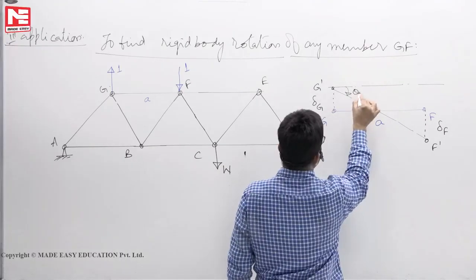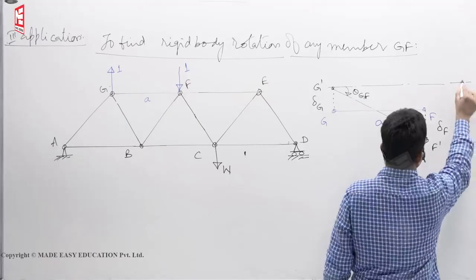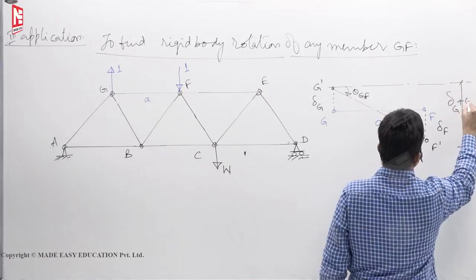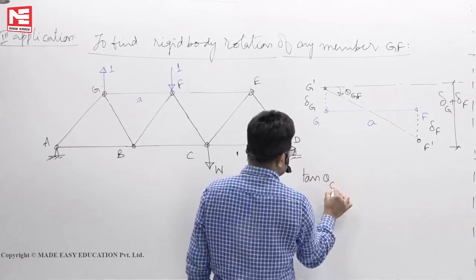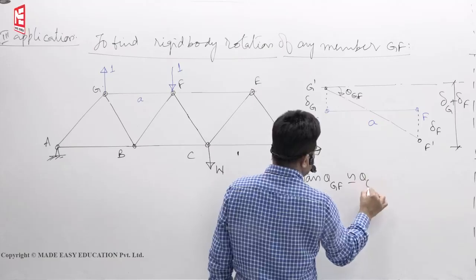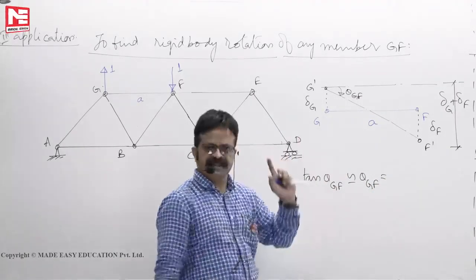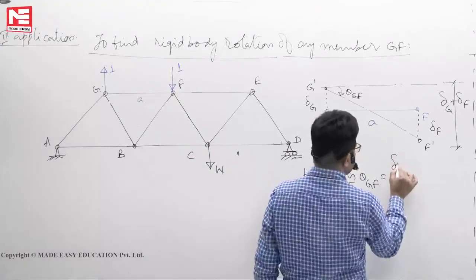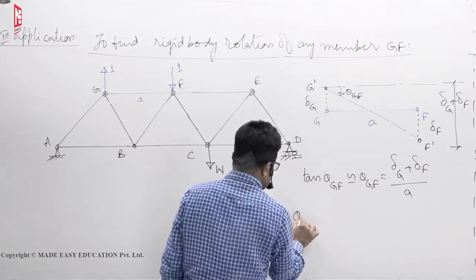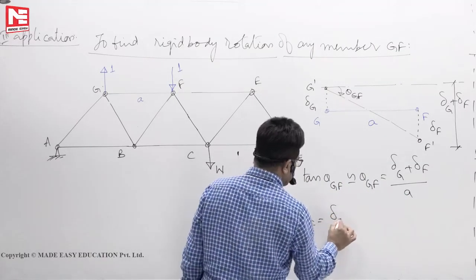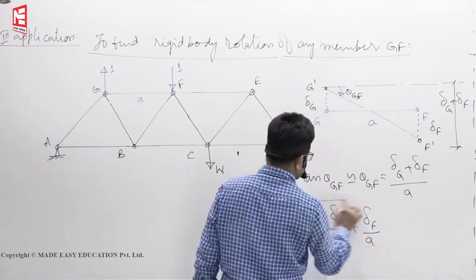This value is theta GF. For small values, this is delta G plus delta F. So tan theta GF is approximately equal to theta GF. Why? If theta is so small, tan theta is theta. The opposite side is delta G plus delta F, divided by A. So theta GF is nothing but delta G by A plus delta F by A. I can write it like this.